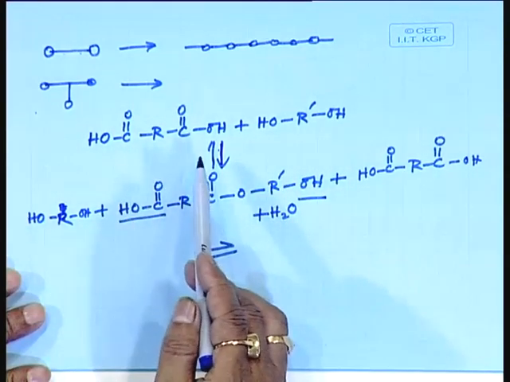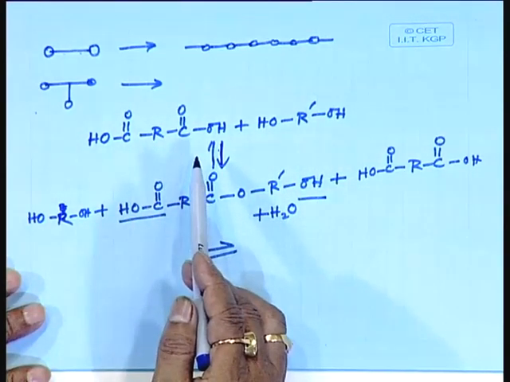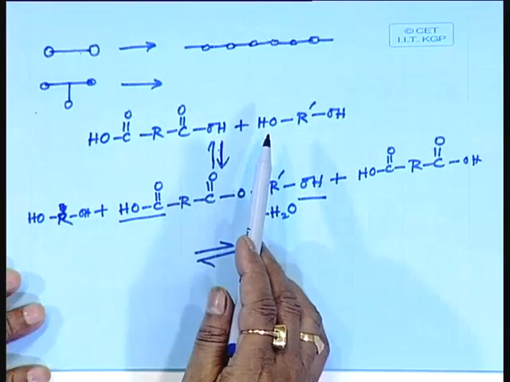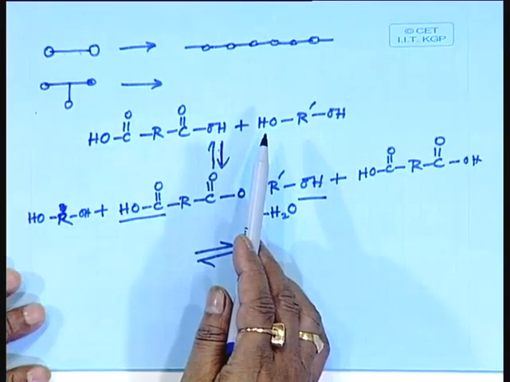You will calculate the molecular weight of these two compounds, then you have to weigh the amounts corresponding to 1 mole of each, then mix these two reactants in presence or absence of solvent, apply polymerization conditions and it will start polymerization.